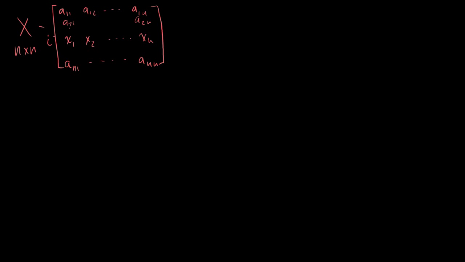Now let me define my other matrix. Let me define matrix Y to be essentially the same thing. This is A11. It's the same A11. This is A12 all the way to A1n. This is A21. We could go all the way to A2n. And then on row I, the same row.